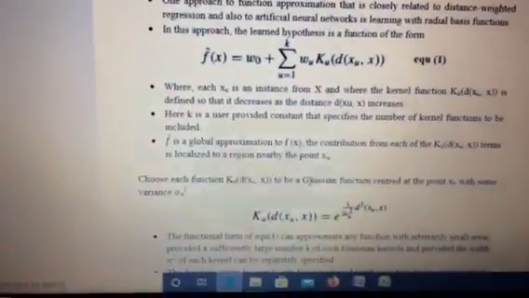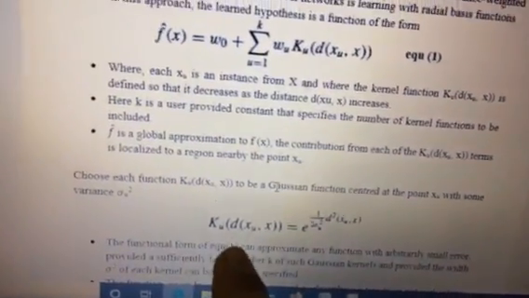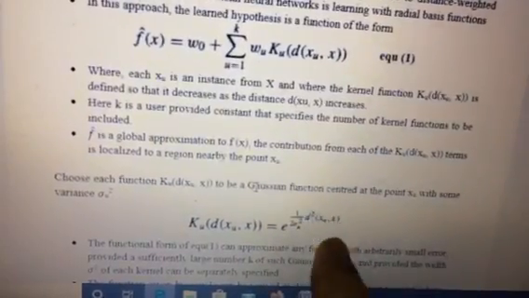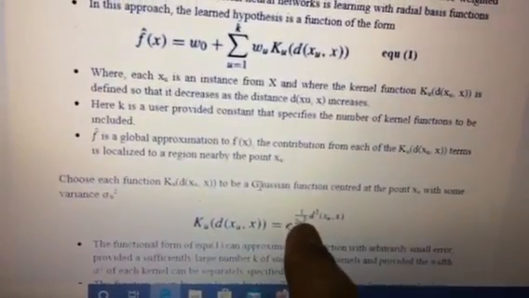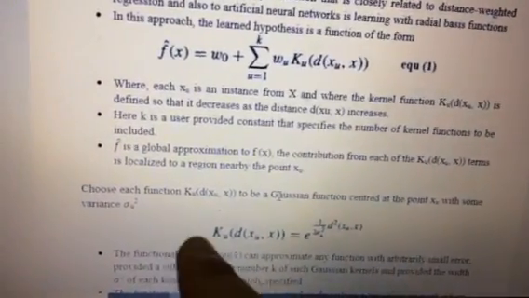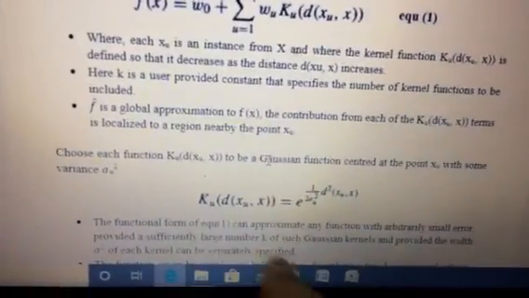This kernel function, ku of d of xu comma x, is a Gaussian function centered at the query point xu, with some variance, delta u square.